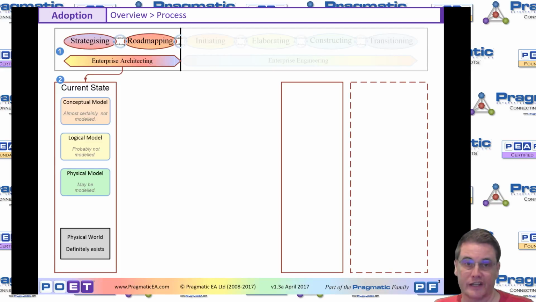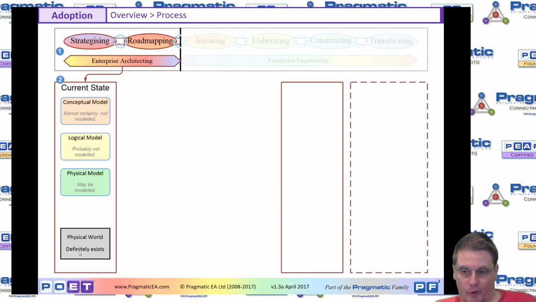And those things are guided by reference models, etc. So we're essentially going to do exactly the same thing, but we're doing it to ourselves, so to speak. We're doing it to the enterprise architecting part of the transformation domain of the enterprise.